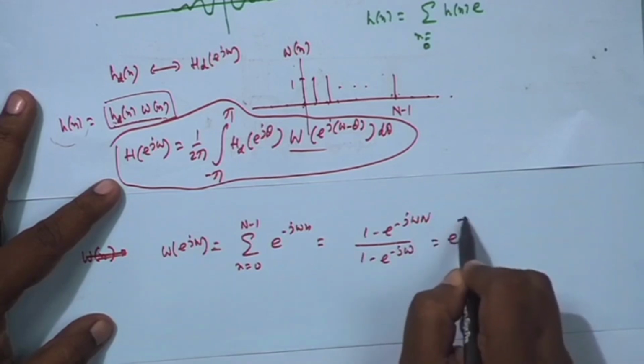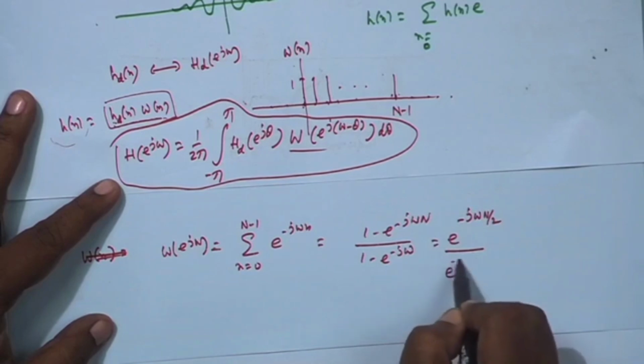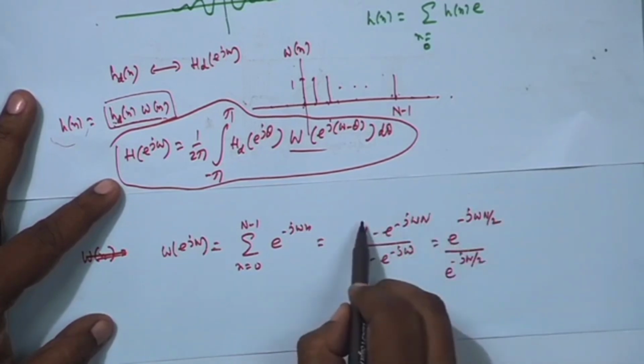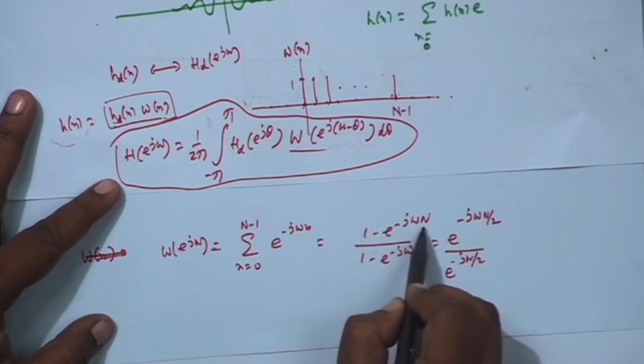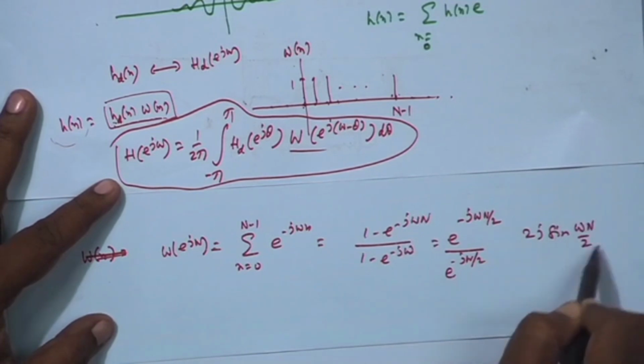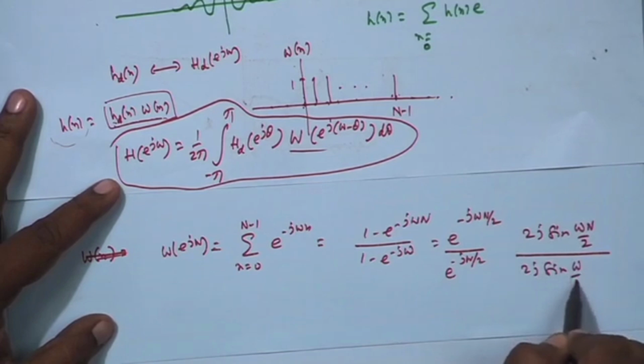Take e to the power minus j omega N by 2 from the top and e to the power minus j omega by 2 from the bottom. So, it will be e to the power plus j omega N by 2 minus e to the power minus j omega N by 2, so it will be twice j sin(omega N by 2), and twice j sin(omega by 2) in the denominator.